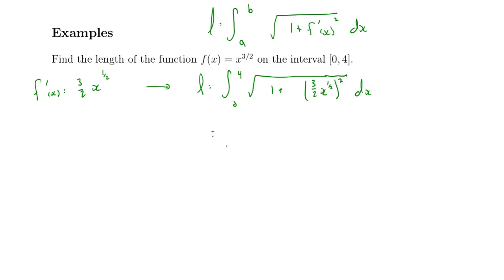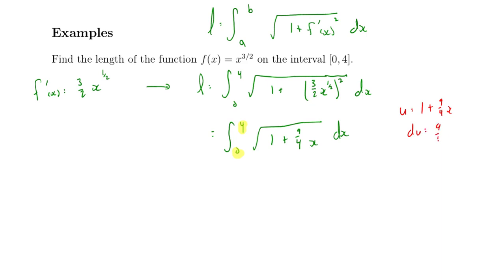When we square this thing, we're going to have that 3/2 squared, so that's 9/4, and then we'll have the x to the 1/2 squared, which is going to be the absolute value of x, but notice x is only taking on positive values anyways, so we can just say x. And then for something like this, we'd have to integrate, and that's not a huge deal. We can use a quick little u substitution. Hopefully we remember how that stuff goes.